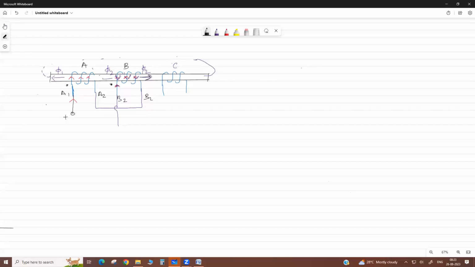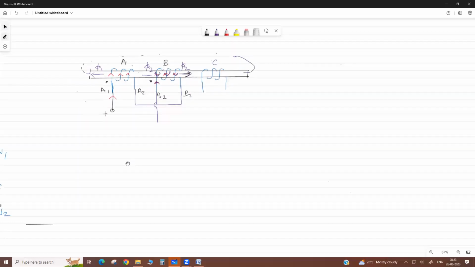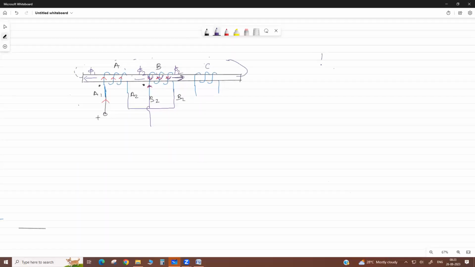Series test lamp: suppose there are 3 coils and we do not know which is A1, A2, B1, B2. Then how do we find out? Very simple. All 3 are on the same core, and we represent it this way.